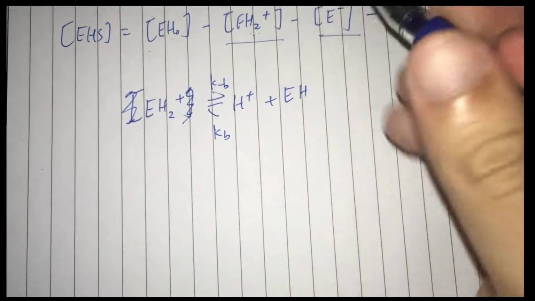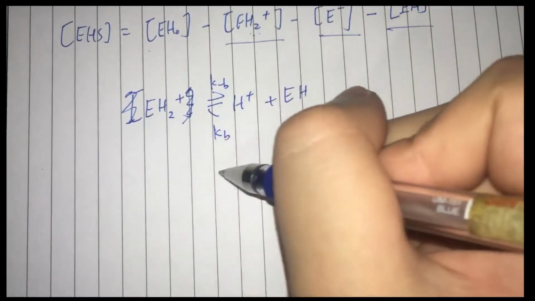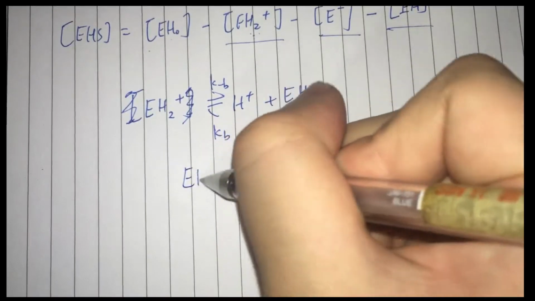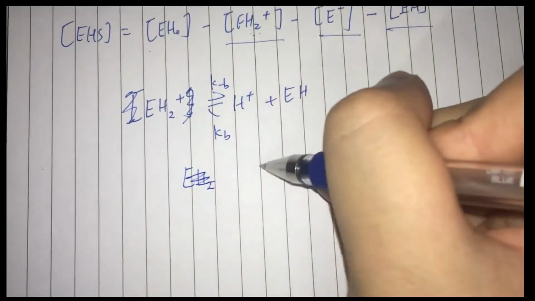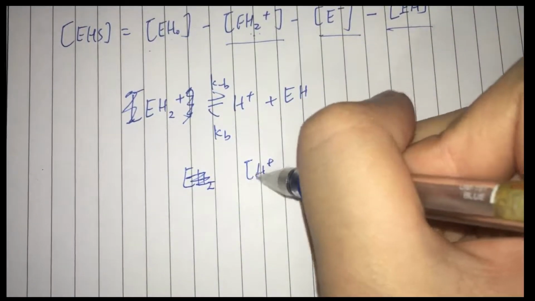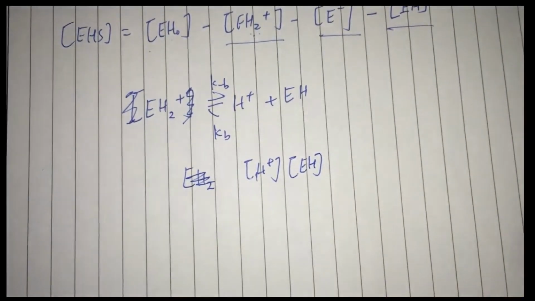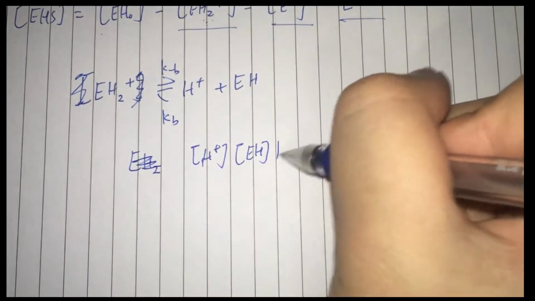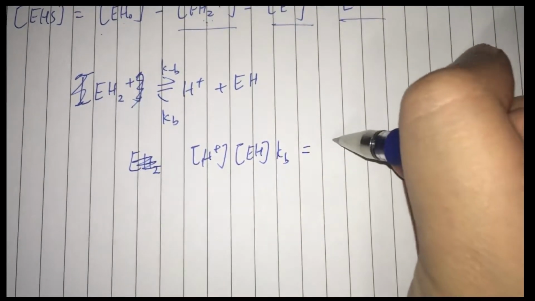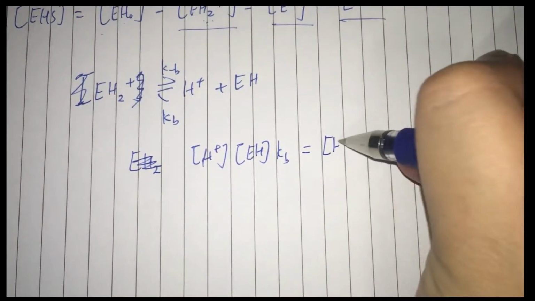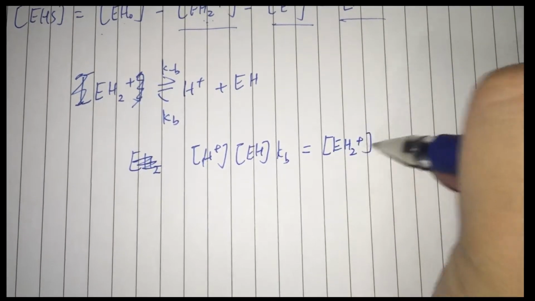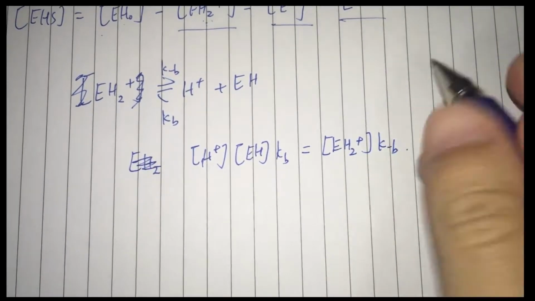This one's the K minus B. So in equilibrium lingo, okay, let's write this H plus and the EH into Kb equals the EH2 plus K minus B.